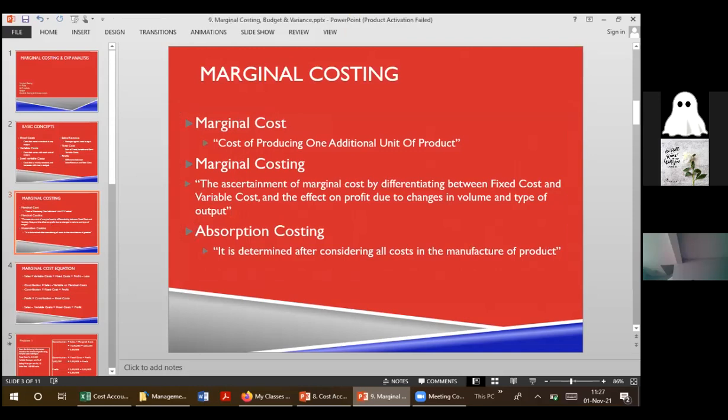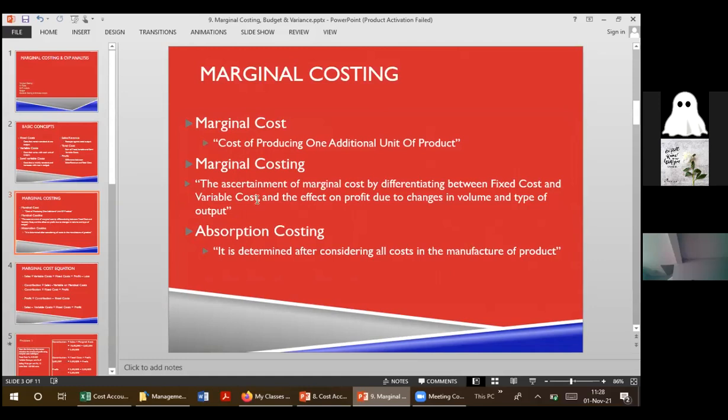So marginal cost is the cost of producing one more unit. How much will your cost increase? Marginal cost is different at every stage, because when you're starting production, your marginal cost is lower. As you go higher and higher into production, your marginal cost becomes higher and higher. So what is marginal costing related to marginal cost?